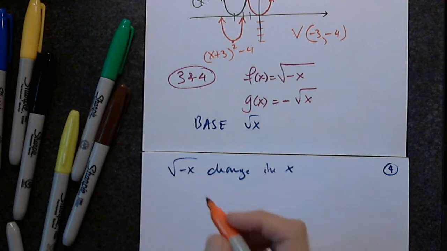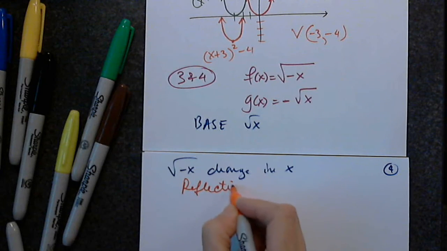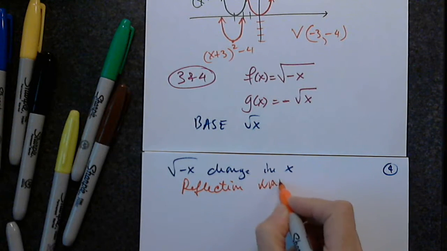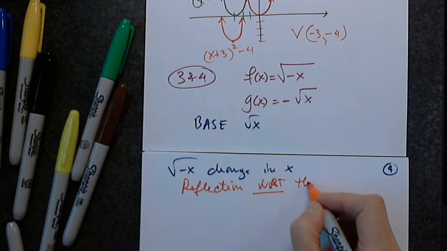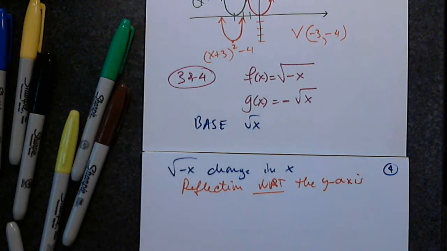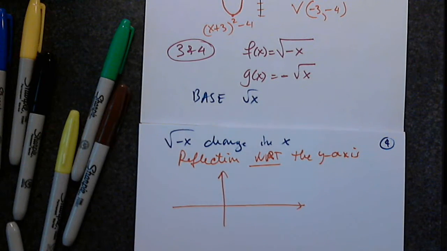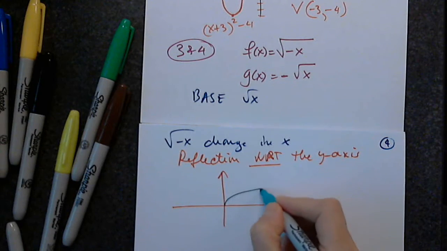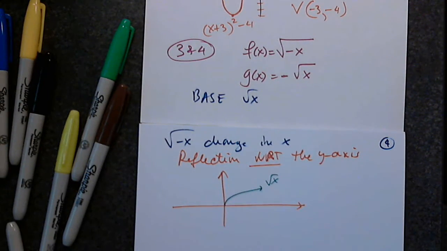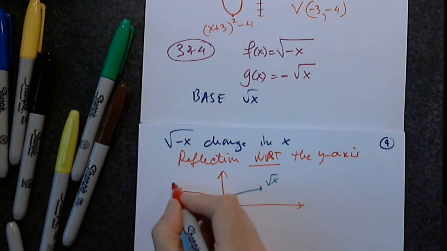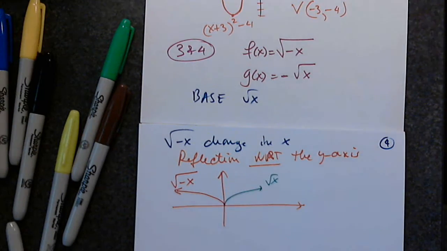So this is nothing else but a reflection with respect to, WRT, the y-axis. Let's graph this function. First, we will be graphing the original function, the base function, which is the square root of x, which we know we studied last time how it looks. And now I'm going to reflect the graph with respect to the y-axis. So this is the square root of -x, a reflection with respect to the y-axis.